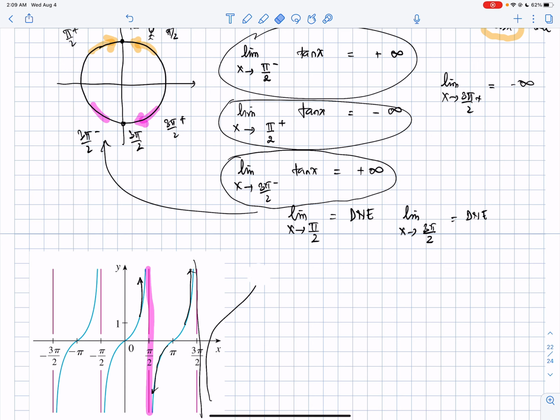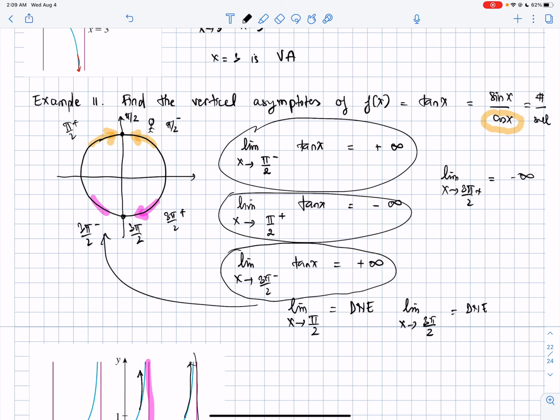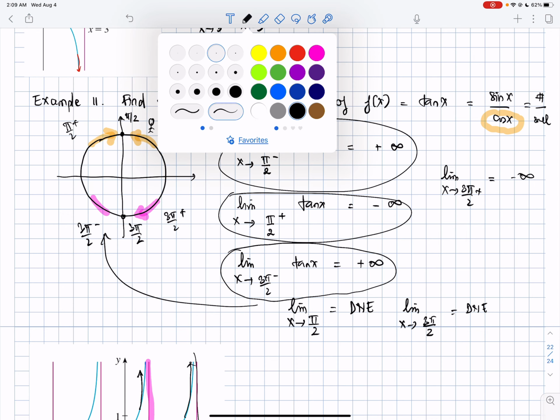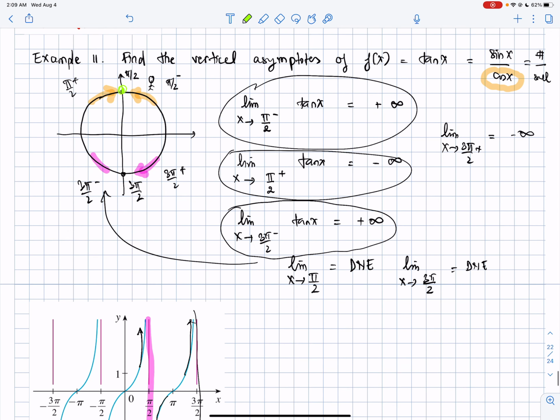So in conclusion, we have 2 points, pi over 2 and 3 pi over 2, that give vertical asymptotes. But because this is a periodic function, we will pick one point, which is the smaller one, pi over 2. And we want to represent 3 pi over 2 and the multiples of pi over 2 as you go around the circle and back.